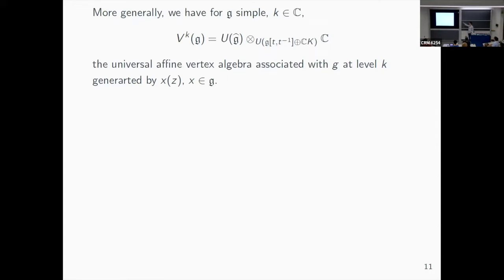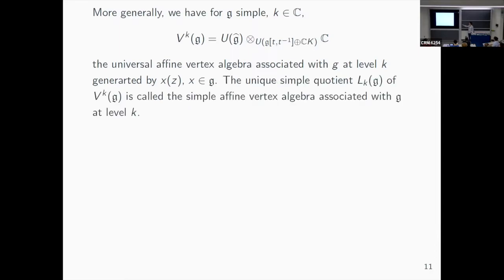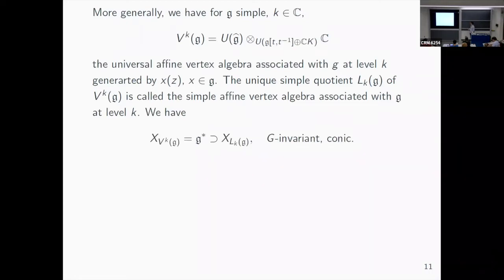This is not simple in general, so you can take the simple quotient, which we are interested in, and we denote this by L_k(g). And the associated variety of the universal vertex algebra is just g star, which has infinitely many symplectic leaves. But if you consider the simple one, it's contained in g star, which is G-invariant conic. So this has a chance to be quasi-lisse.